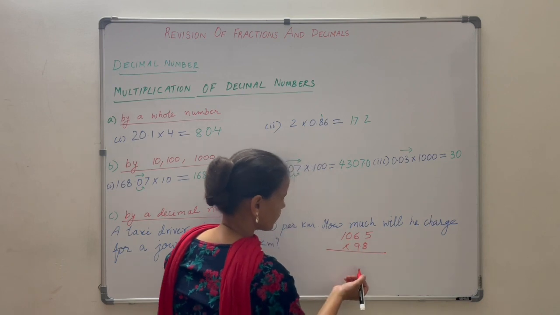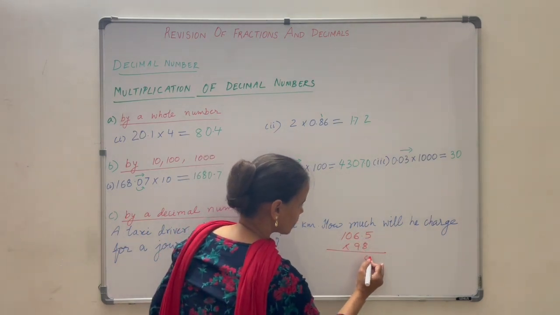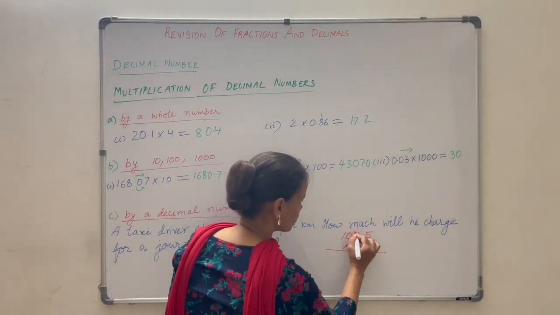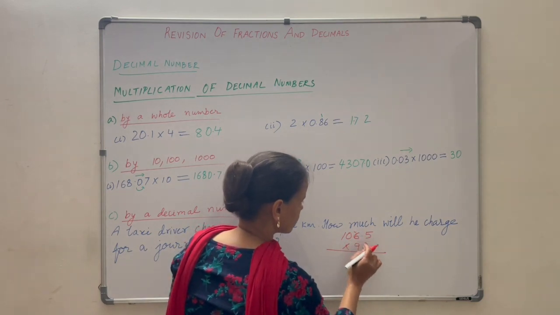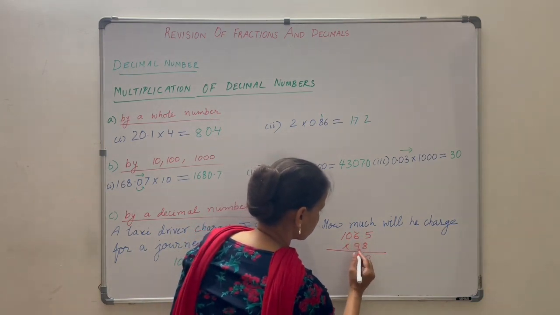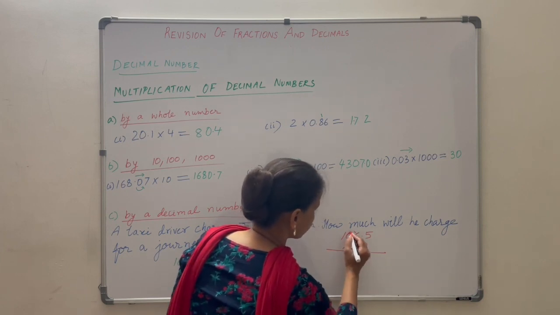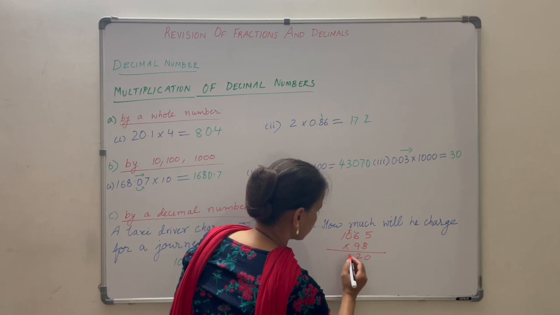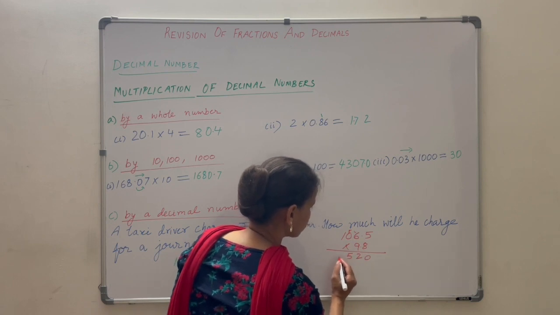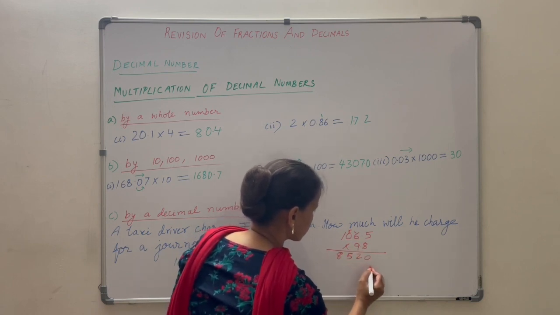So let us multiply it first. So 8 5s are 40, carry over 4, then 6 8s are 48, 48 plus 4 is 52, carry over 5. So here you will have 5 because 8 into 0 is 0 and 8 ones are 8.